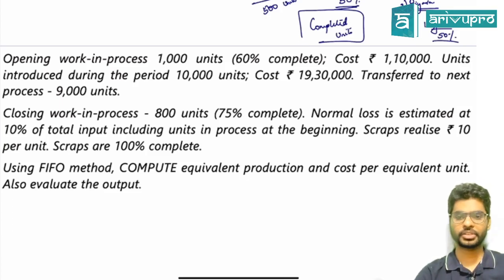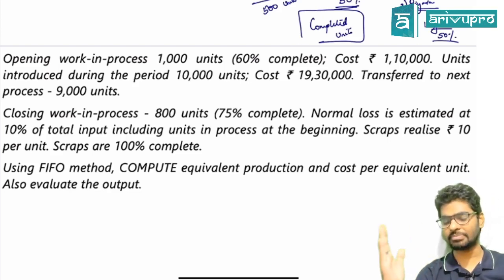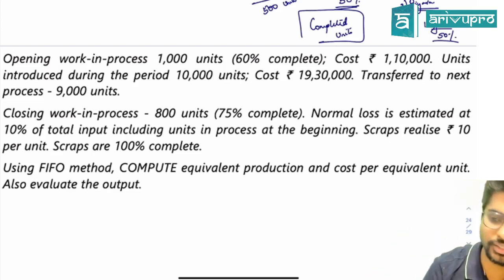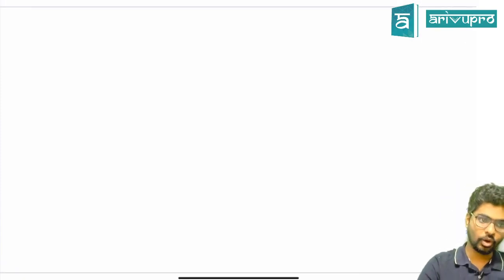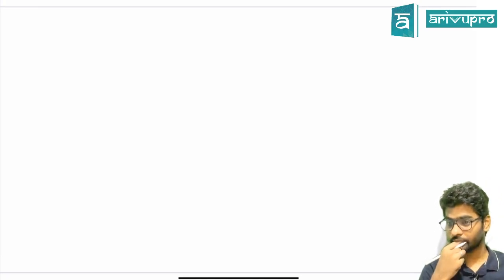Read the question. Opening work in progress, 1000 units, 60% complete. What does this mean? I want you guys to understand it very carefully. For a different question, that's going to be different completion.